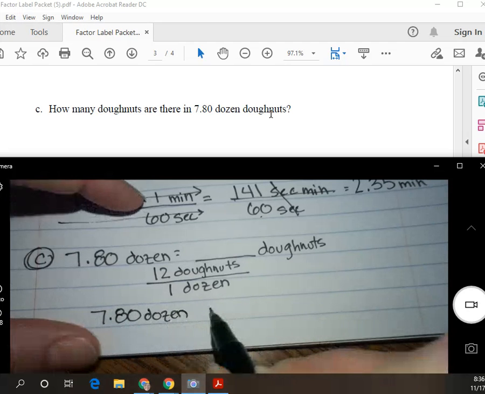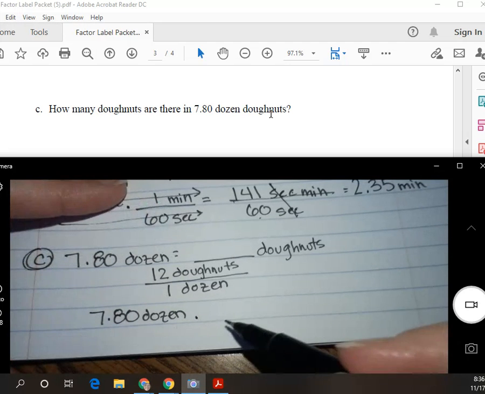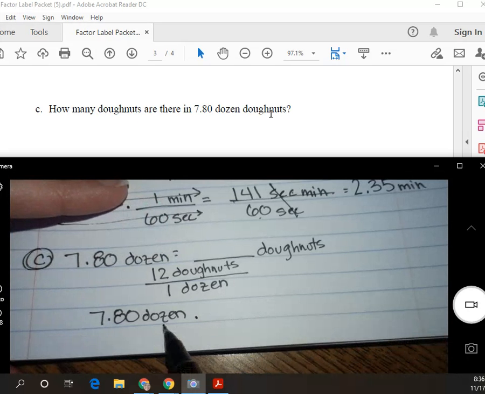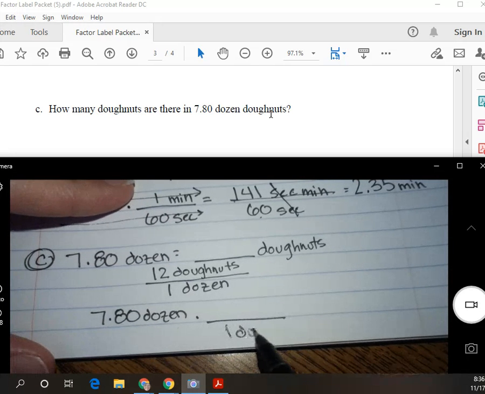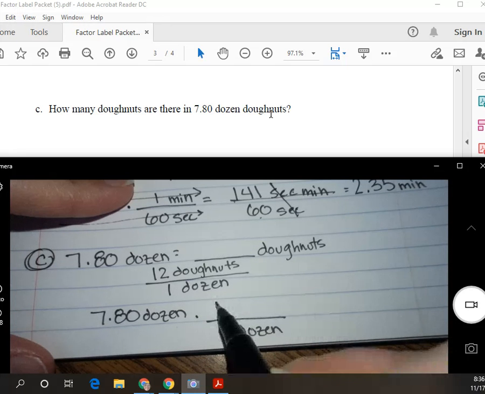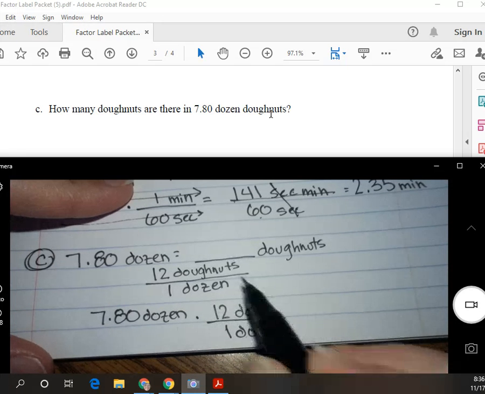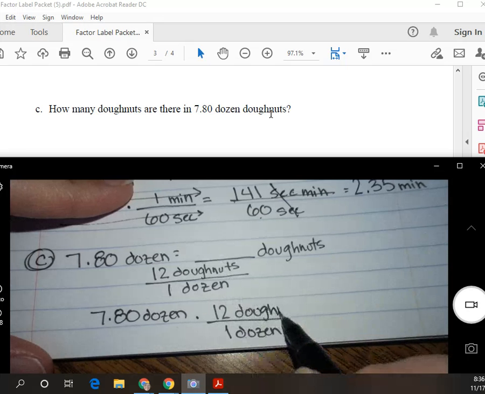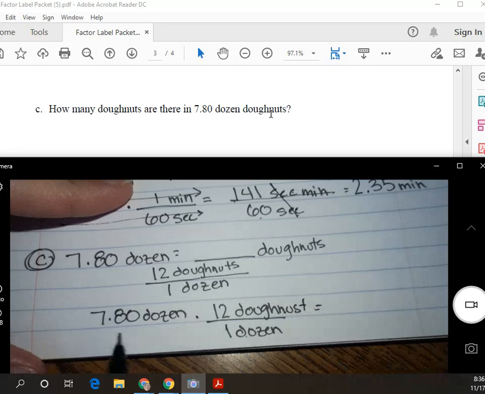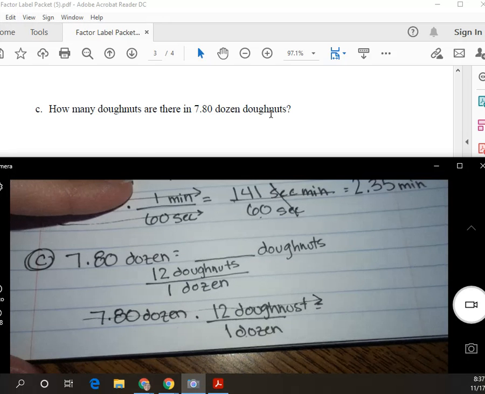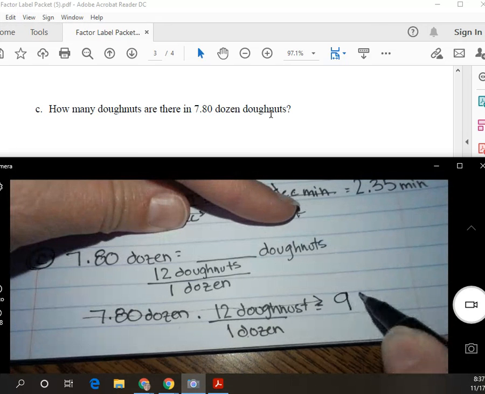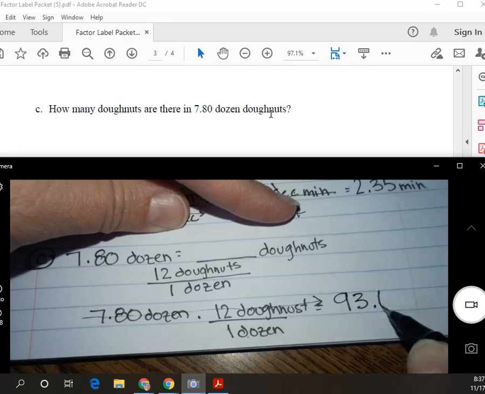times, I'm multiplying by that conversion factor, whatever I start with has to be on the bottom. Then I have to keep my conversion factor together. So then I can see I'm going to go 12 times 7.80. That gives me 93.6.